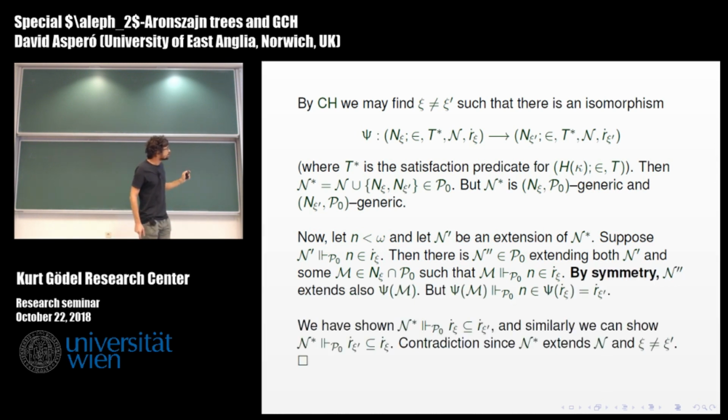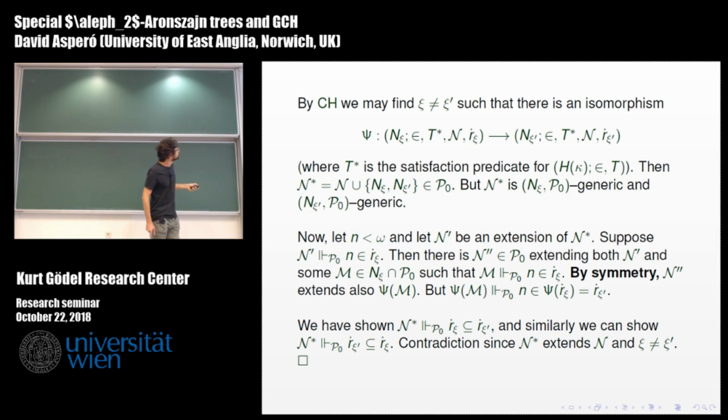But now by symmetry, this big condition here also extends psi of m. But psi of m forces, since it's an isomorphism for T star, that n is in psi of R xi, which is R xi prime. So this is true because, as I said, the forcing is definable in H kappa with T star as a predicate.